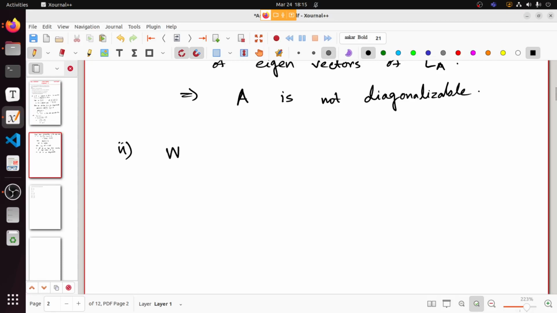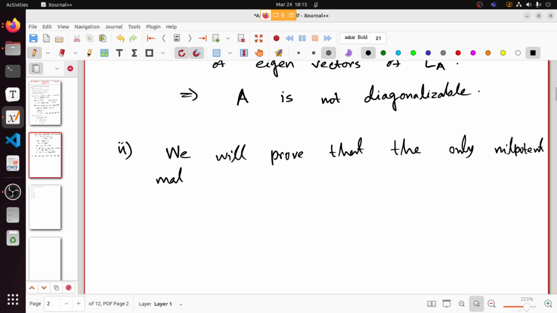We will prove that the only nilpotent matrix which is diagonalizable is the zero matrix.